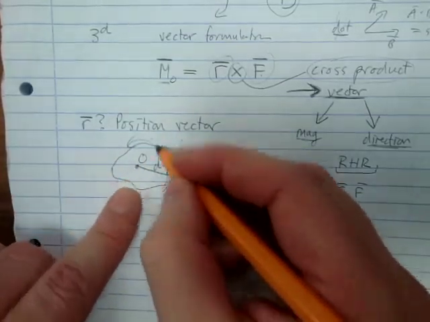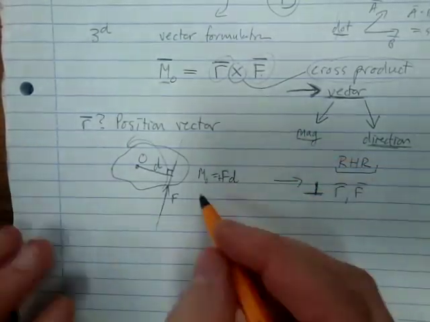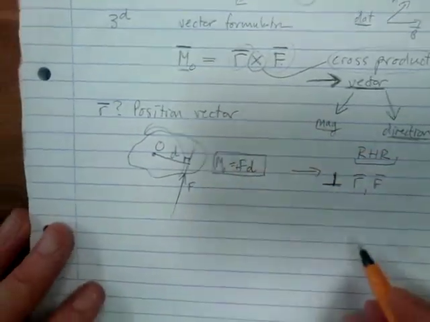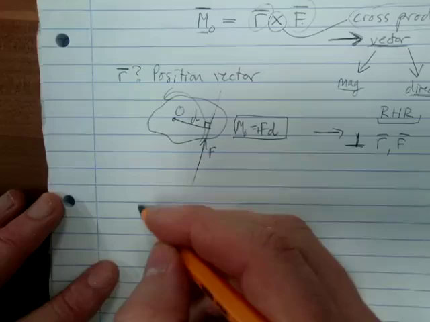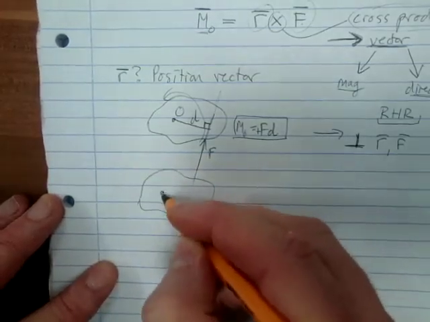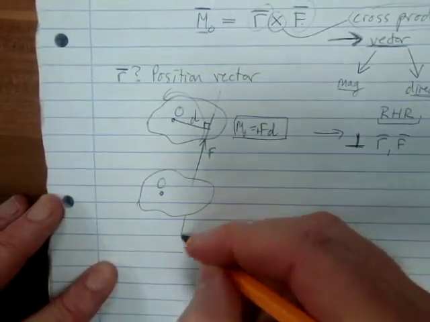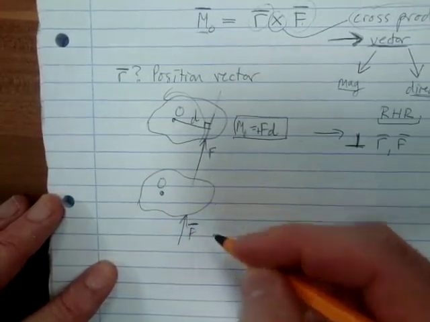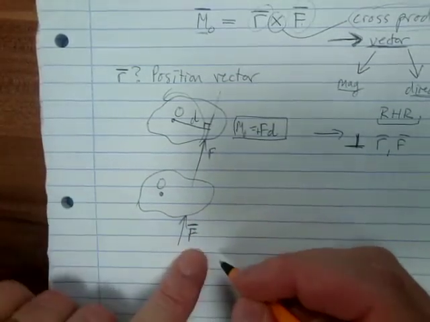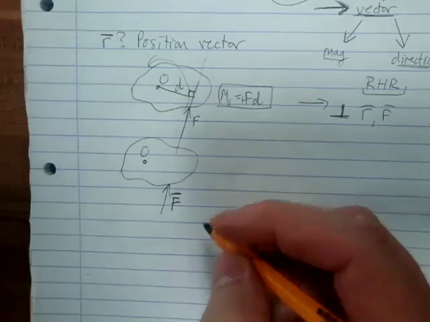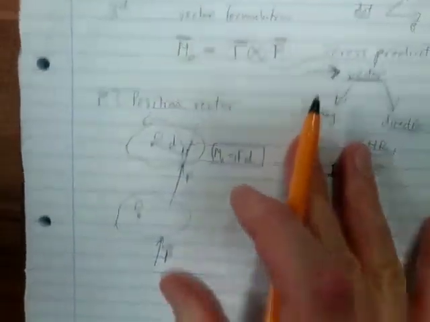It was going, in this case, anti-clockwise, so that's a positive. That is my scalar formulation. In three-dimensional space, there's my point O, and there is my force in vector form.